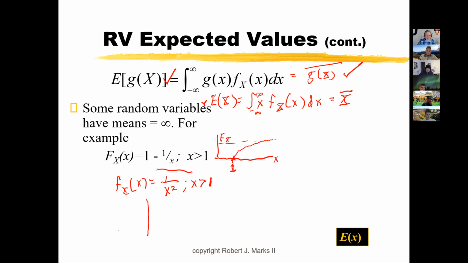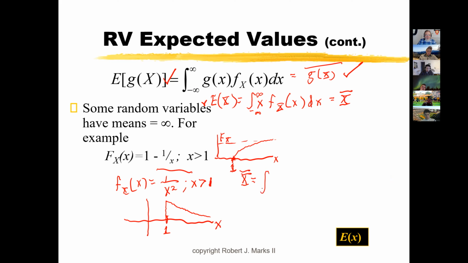The f sub x, the density function, also looks pretty innocent. It's 1 over x squared, so it starts at x is equal to 1, so it's 0 for negative, and it goes like this. It kind of looks like an exponential, but it isn't an exponential since the tails decay polynomially, as 1 over x. But here's the interesting thing. What is the mean for this random variable?